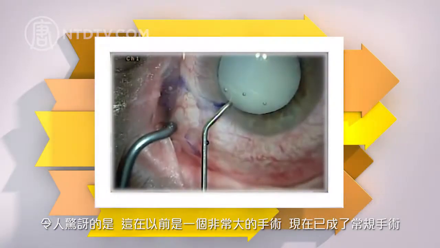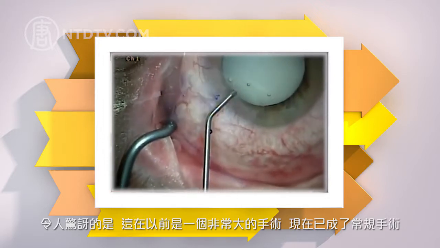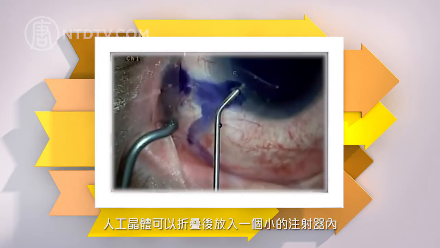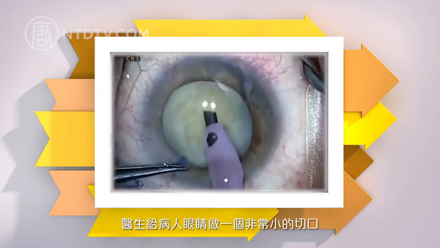Well, the surgery, in essence, replaces the natural lens in your eye with a synthetic lens. These lenses are known as intraocular lenses, and amazingly, this surgery, which at one point was a very major surgery, has become quite routine. These lenses are foldable, and they go into a small injector, and doctors will bring patients in.